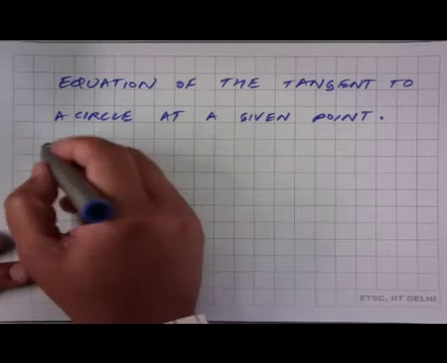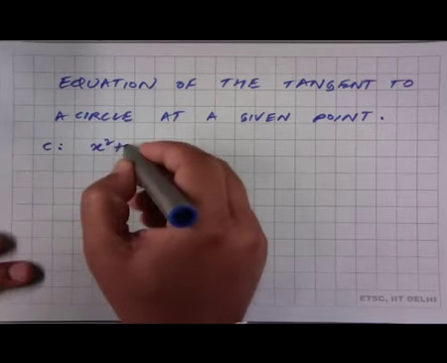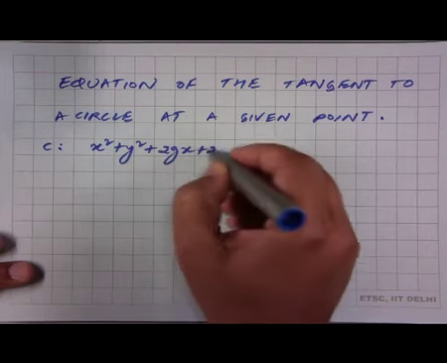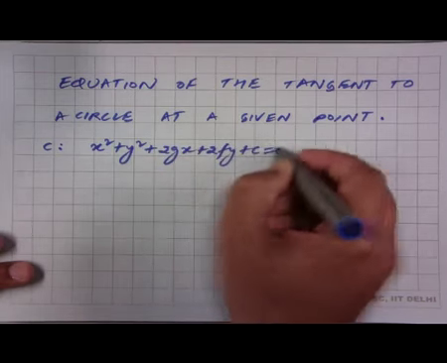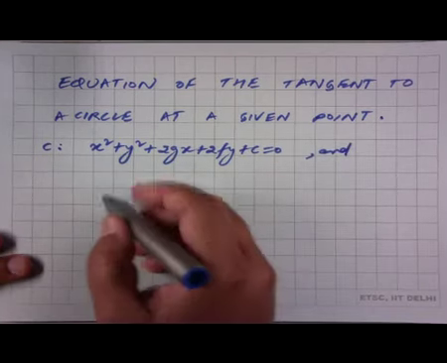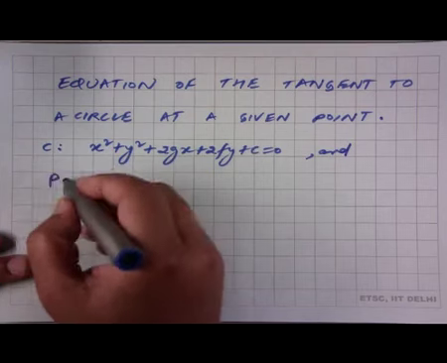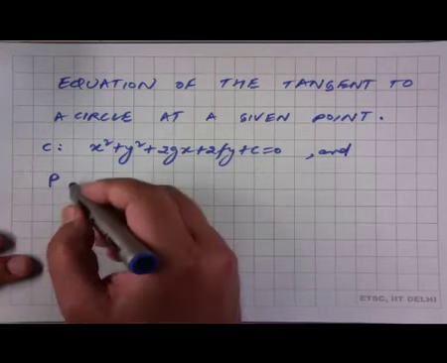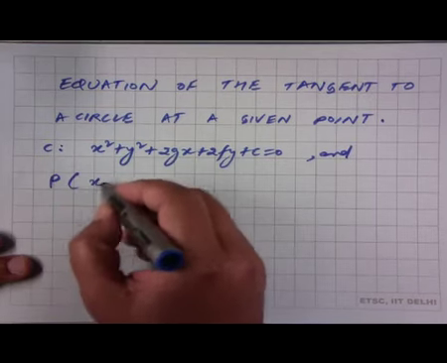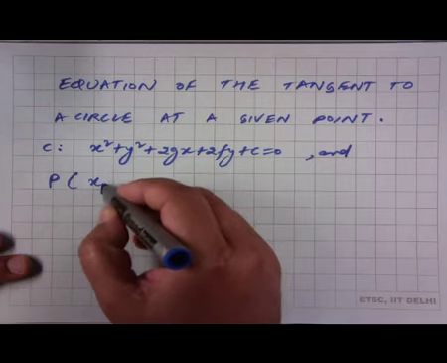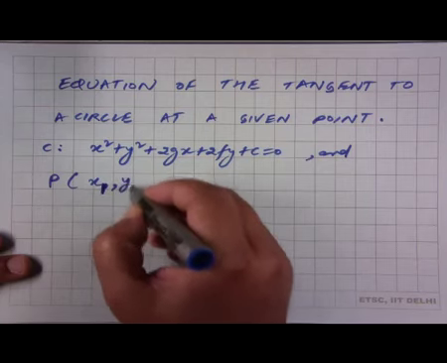So, suppose we have this circle and we would like to find the equation of the tangent to the circle at a point having coordinates x1, y1.